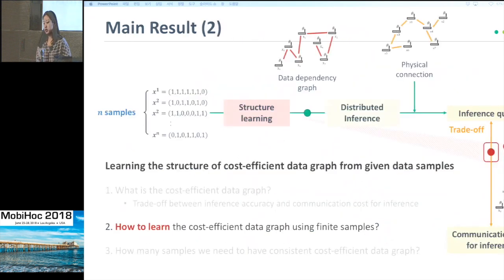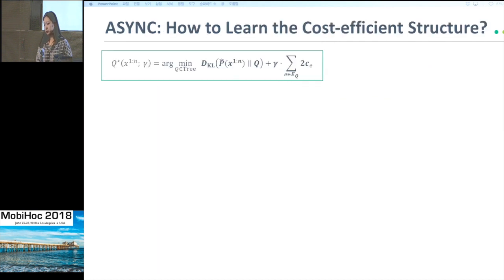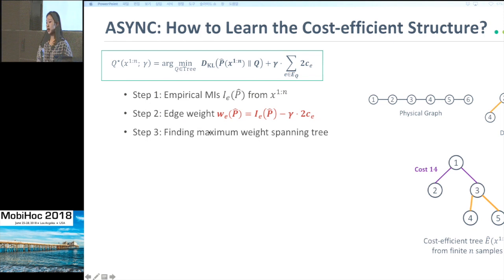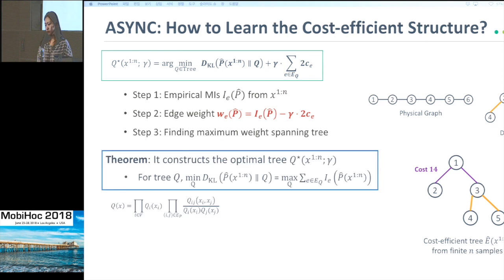The next result is about the structural learning algorithm for the two different distributed inference methods. Here, for the synchronous one, at the first step we compute the empirical mutual information from the n samples, which can be done by counting the number of the values, and we set the edge weight for every node pair as this amount, and we just find the maximum weight spanning tree as a result.